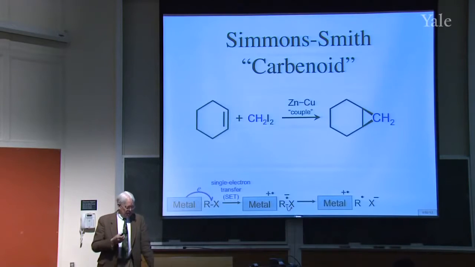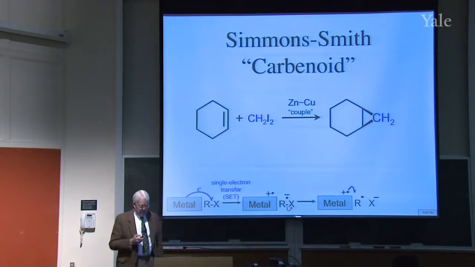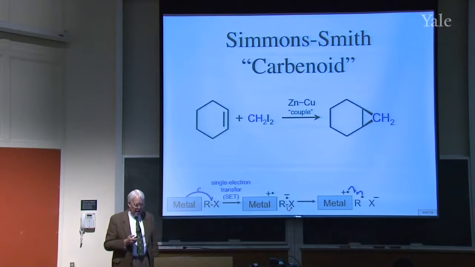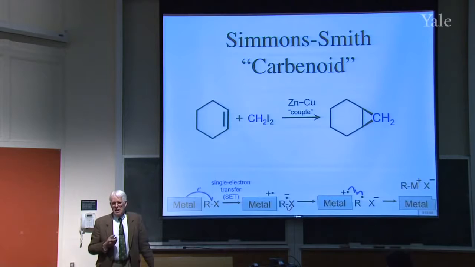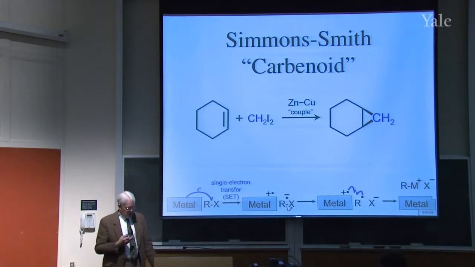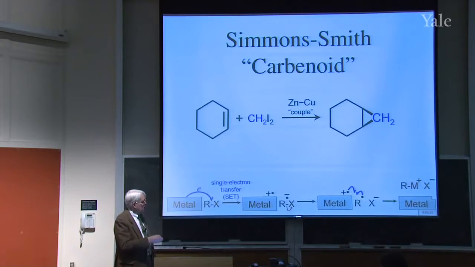But the R radical is generated right next to the metal. So you can get a transfer, a making of a bond between that radical and an atom in the metal. Okay? So you get an alkyl metal bond and X minus. This is shown as if the metal is divalent, like zinc.